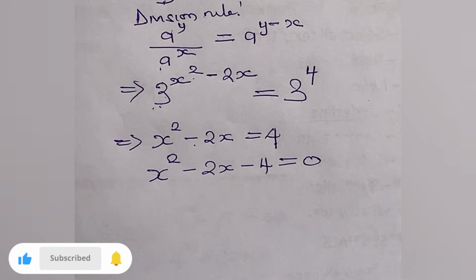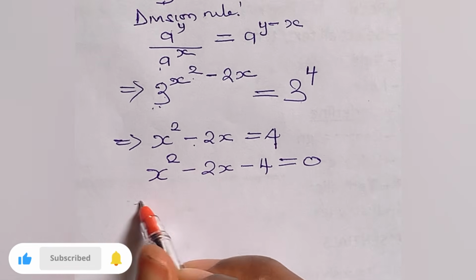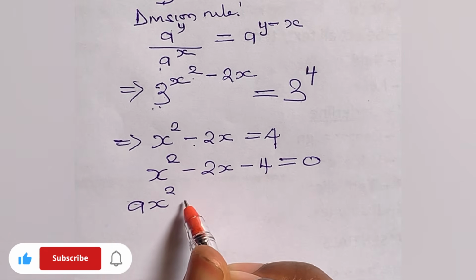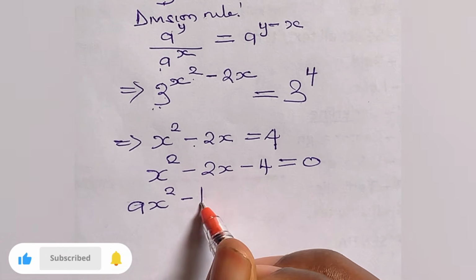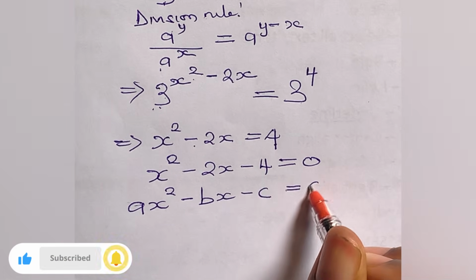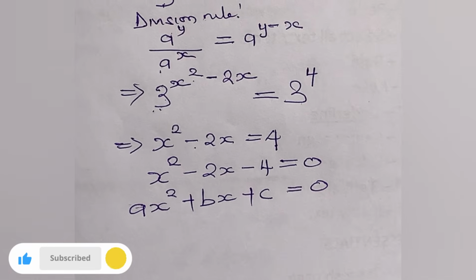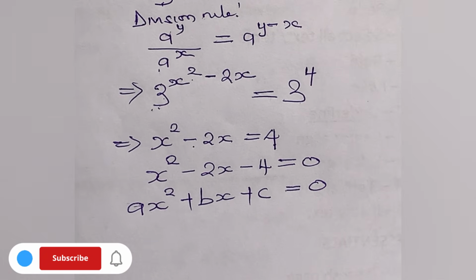This is a proper quadratic equation. So when you have a quadratic equation like this, ax squared plus bx plus c is equal to 0.